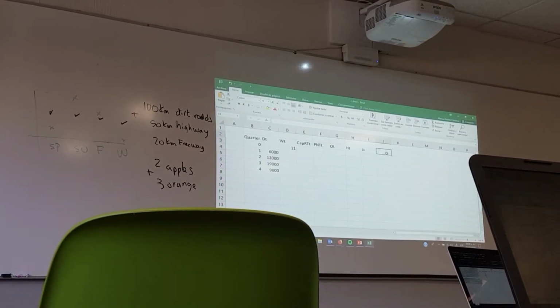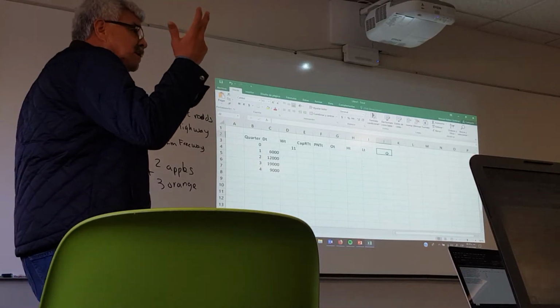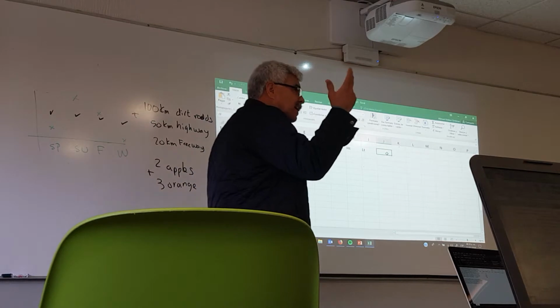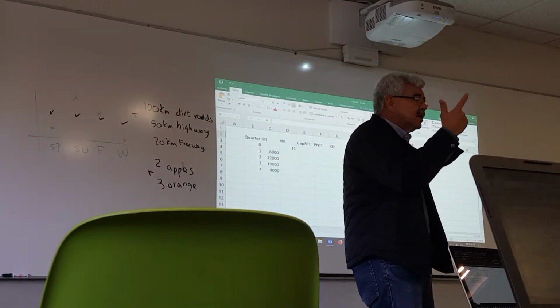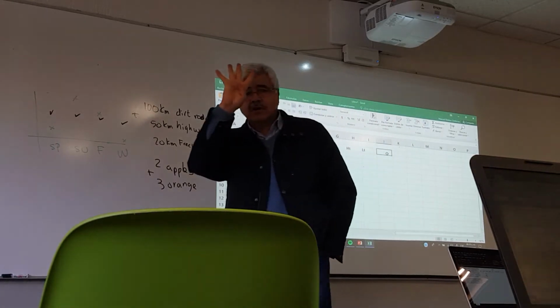Now, let me enumerate the costs that we are going to have. We are going to have a normal salary cost, an overtime cost, a hiring cost and a layoff cost. So 4 costs.